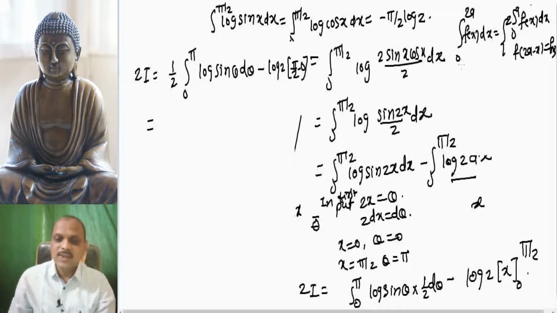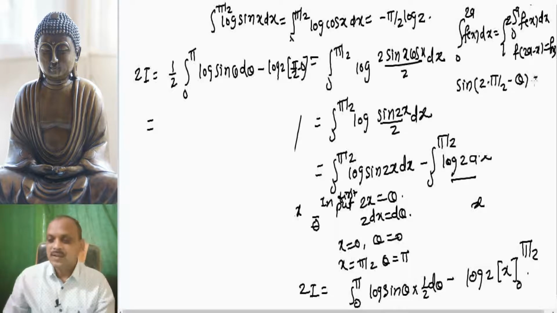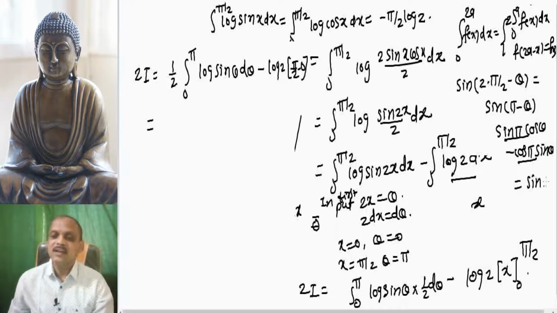So here you can see that sin of 2 into pi by 2 minus theta equals sin of pi minus theta. Sin pi minus theta is sin pi cos theta minus cos pi sin theta. Sin pi is 0, cos pi is minus 1, so we have sin theta, right?